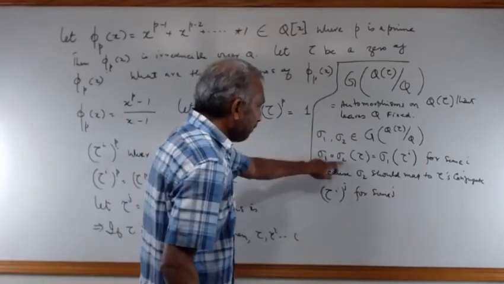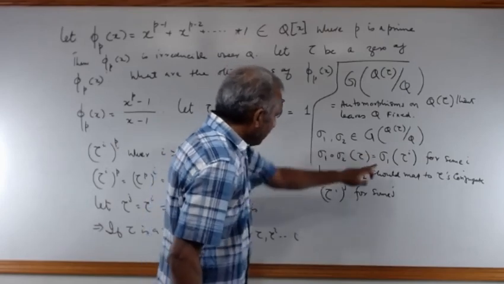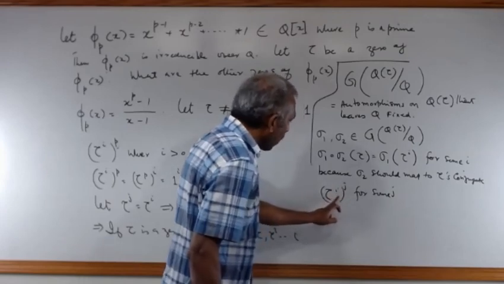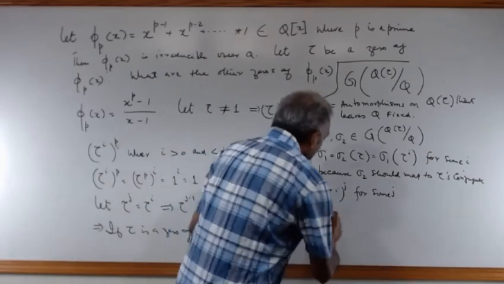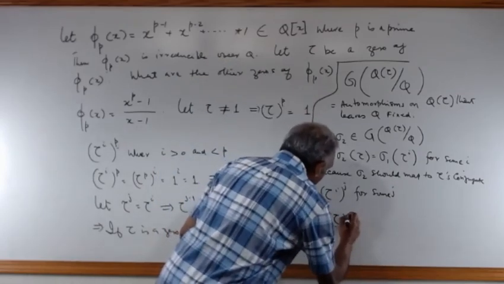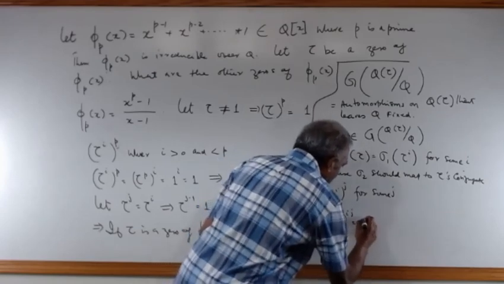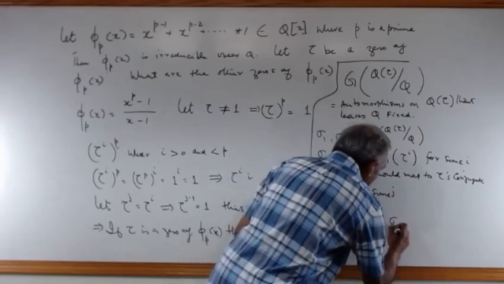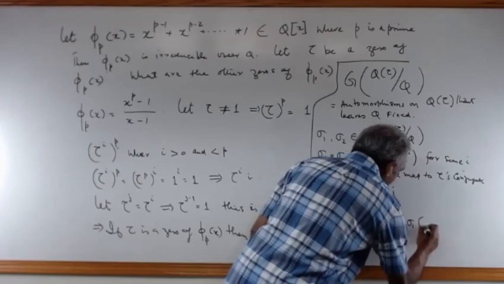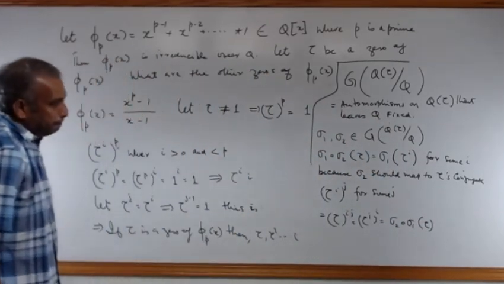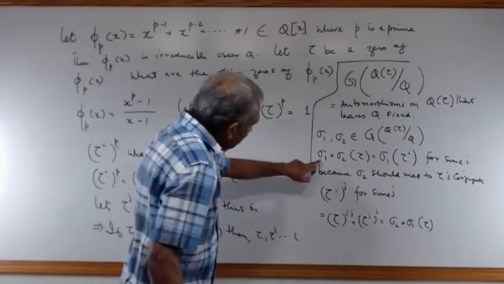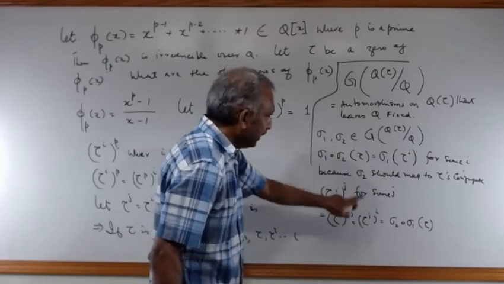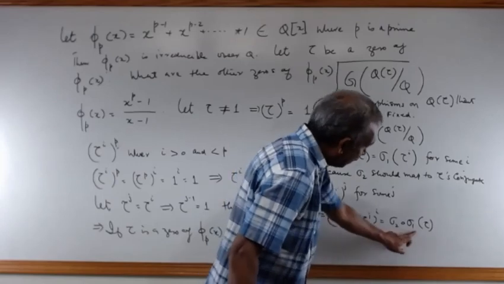Because again, for the same reason, σ1 of ψ should map to one of its conjugates. That is equal to ψ^(ij), and that is equal to ψ^(ji), and that is equal to σ2 after σ1 of ψ. So we started from σ1 after σ2 of ψ is equal to σ2 after σ1 of ψ.